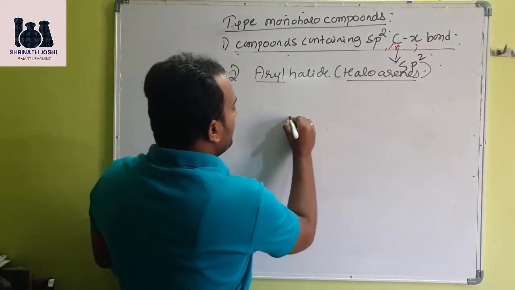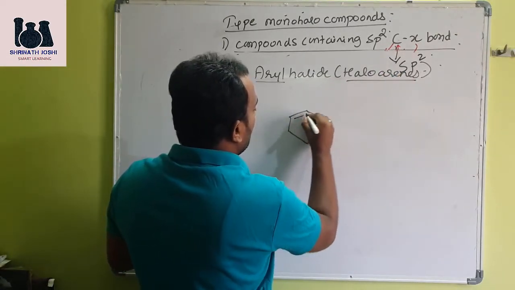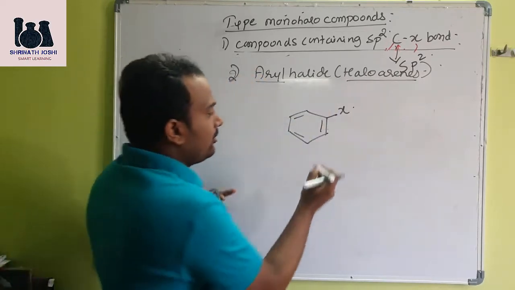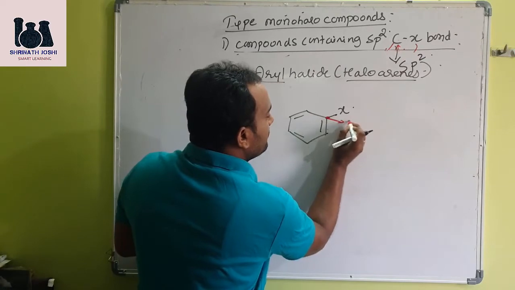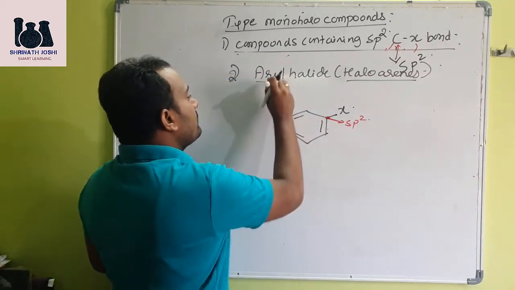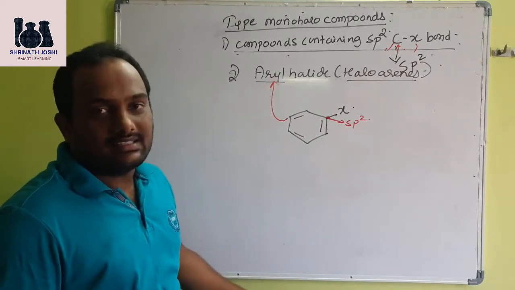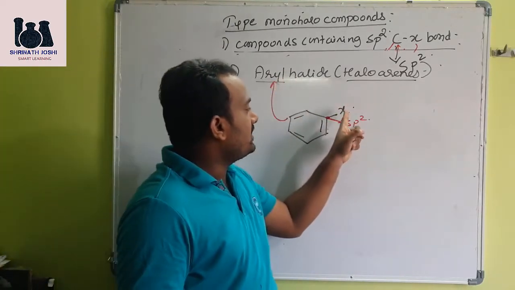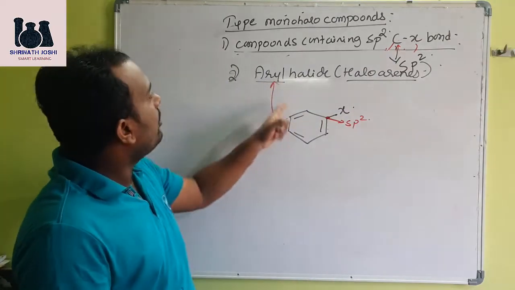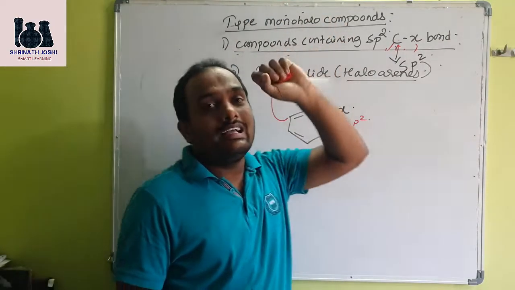We have a benzene containing a halogen. Here also this carbon atom is sp2, but it is not an alkene, it is bonded to benzene. They are all called aryl halides. Aryl halides are those in which the halogen is directly bonded to the benzene ring. These are all the types of monohalo compounds.